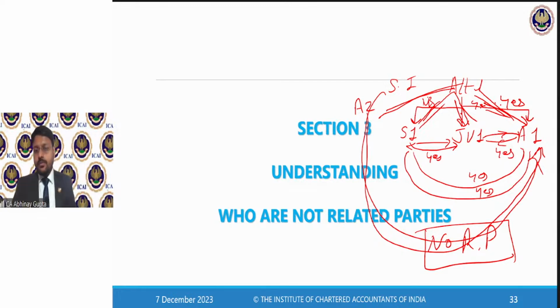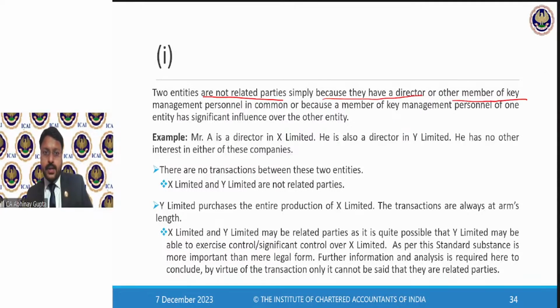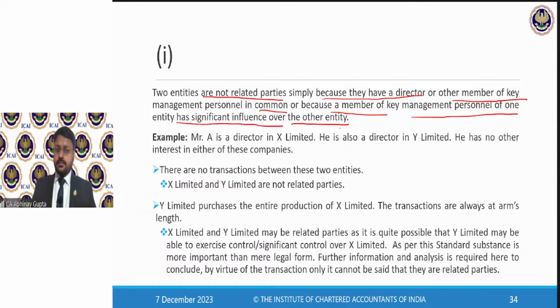Now we will move on to section 3, understanding who are not related parties. So again, there are certain clauses in the standard, which we will study one by one along with the examples. Two entities are not related parties simply because they have a director or any other KMP in common, or because a member of the KMP of one entity has significant influence over the other entity, right?